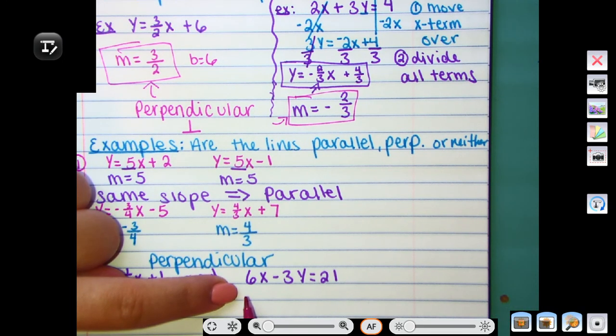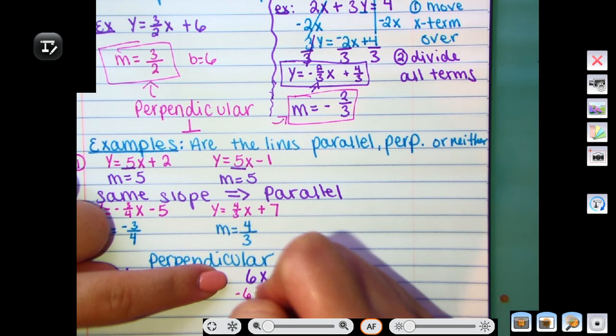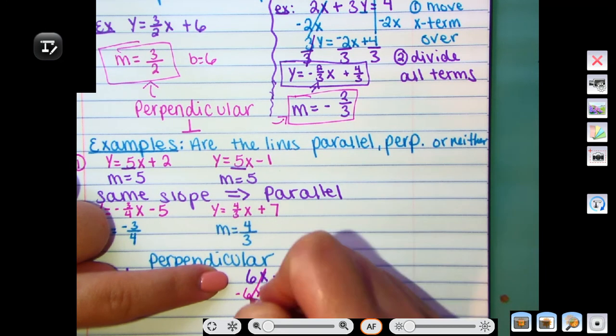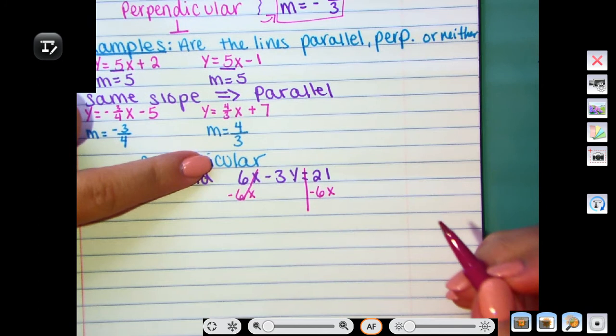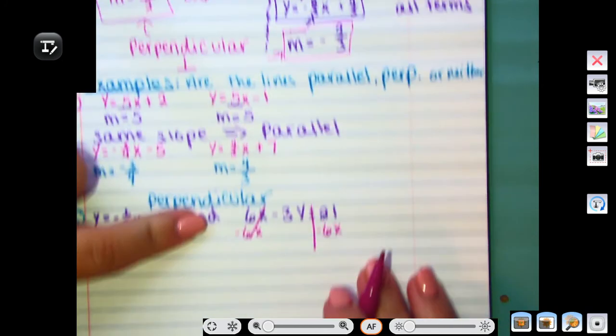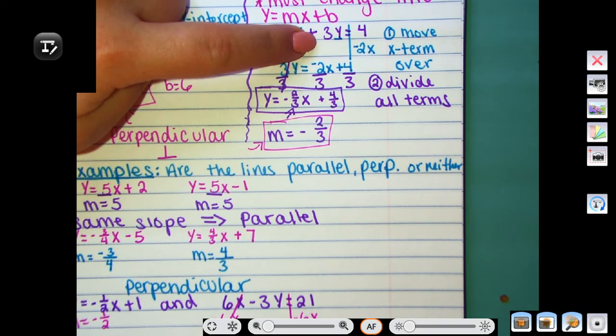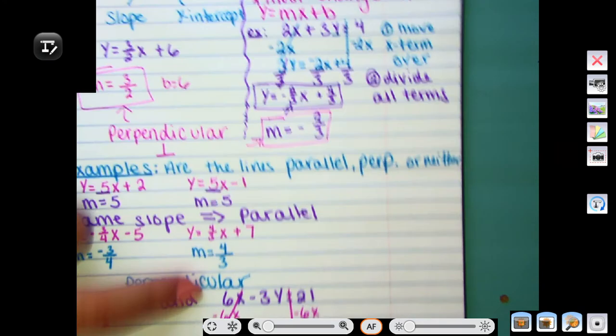What am I going to move over? This 6x. So I am going to subtract 6x from both sides. So I'm moving it over. Okay, that goes away. I'm going to bring down this y term, same way I brought it down up there.